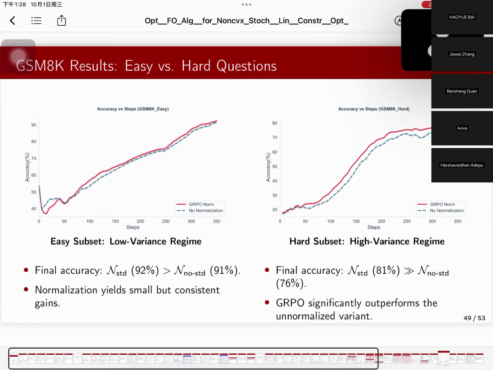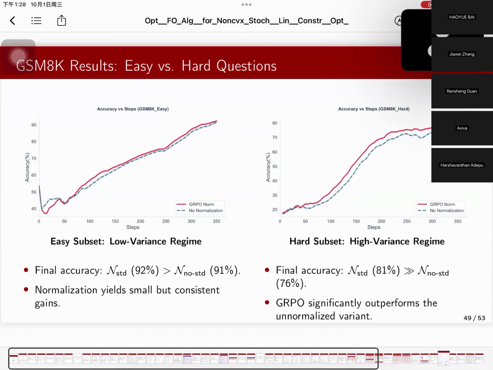We noticed that for easy problems, the initial accuracy is usually already high, nearly 50%. So we can imagine that at 50%, the variance is large, and GRPO does not show a very good advantage compared to REINFORCE.